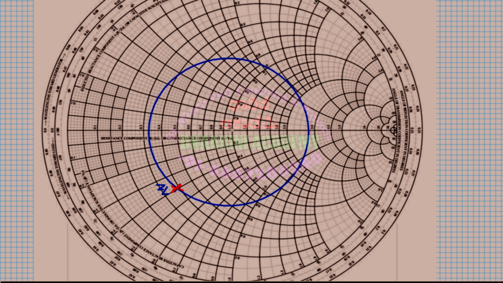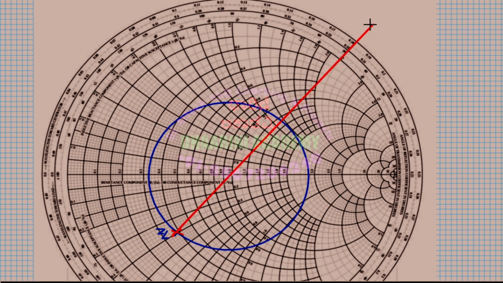It is 1 divided by Z. That 1 by Z operation can be simply done by drawing a straight line passing through this point and extending it all the way to the outside. When you do that, you reach another point on the other side. This is the equivalent value, that is YL. Corresponding to ZL, when I take 1 divided by ZL, I get YL.